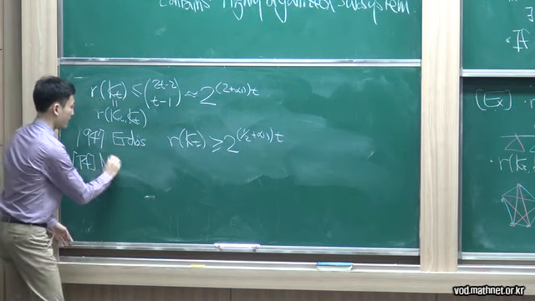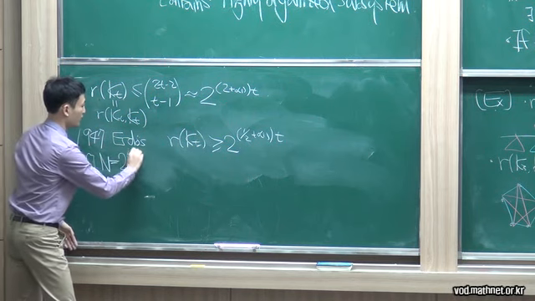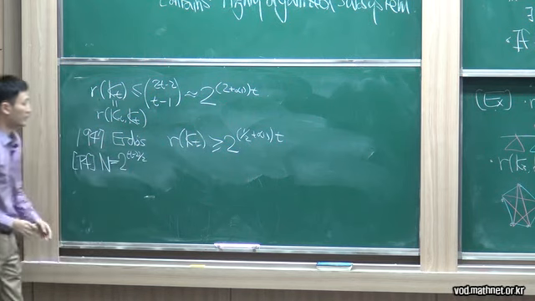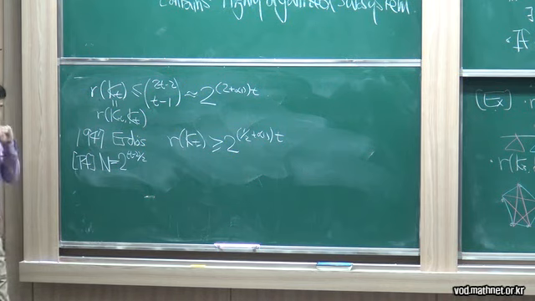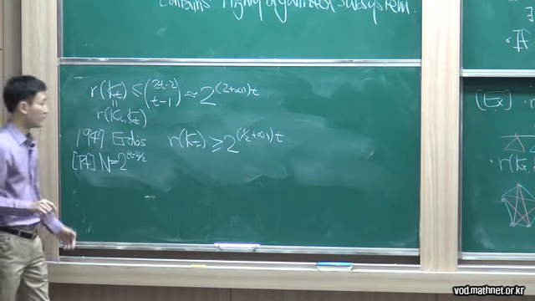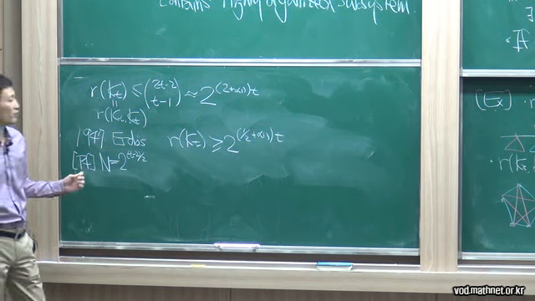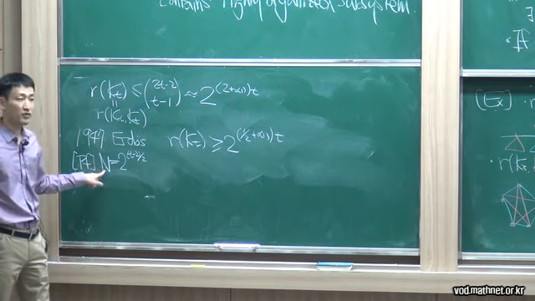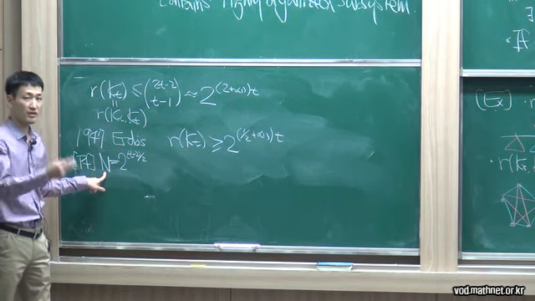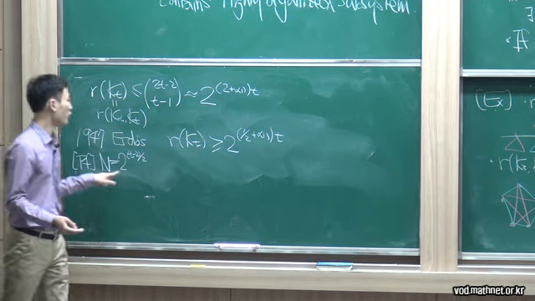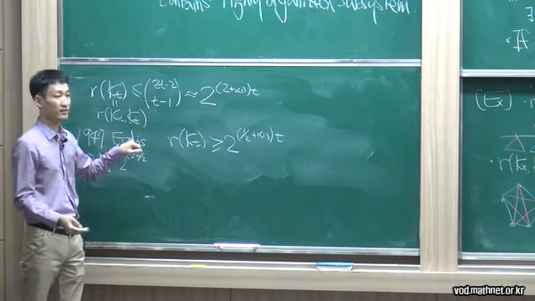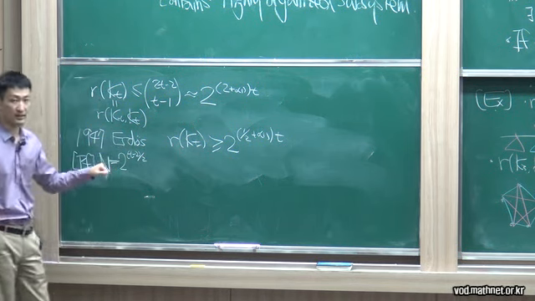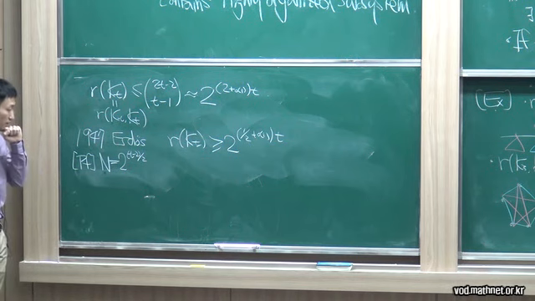So I will take n to be 2 to the (t-2)/2 because I know this will work. And so let's see, what do we have to prove? I have to color the complete graph on n vertices using two colors so that it avoids a red K_t and a blue K_t.